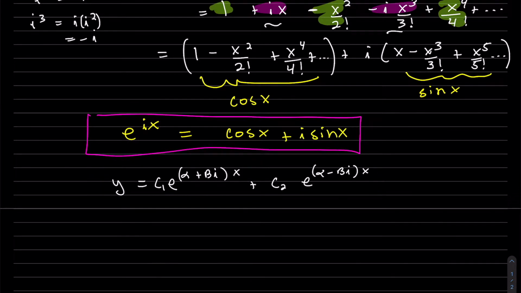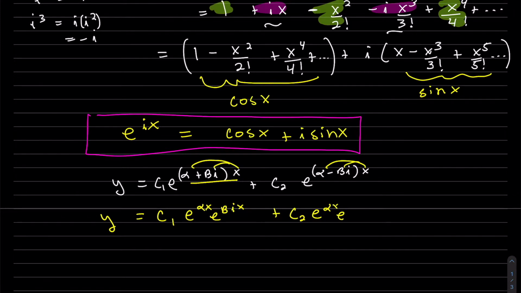So we have, using algebra, e to the alpha, e to the beta ix, since alpha x gets distributed. This gets distributed, plus c2 e to the alpha x, ix, sorry.